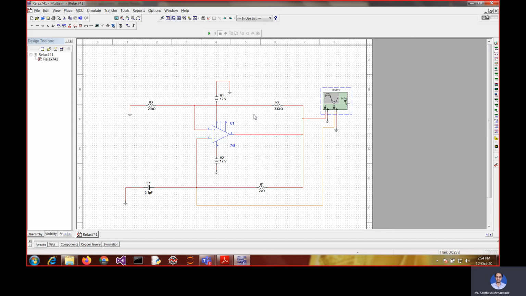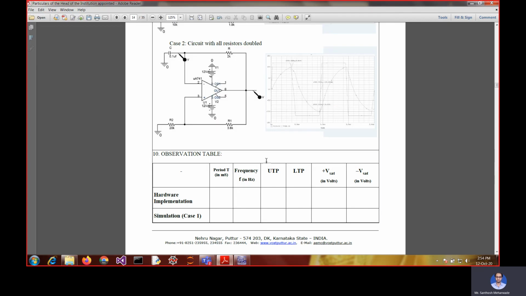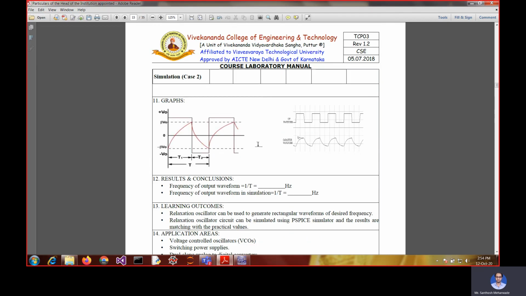Later, for simulation case 2, for a frequency of 1 kilohertz, we doubled the resistors, that is 2K, 3.6K and 20K, and finally the capacitor value is unchanged. This is what we can observe in this simulation, and all those things we can observe in your CLM also. So this is all about the simulation part.